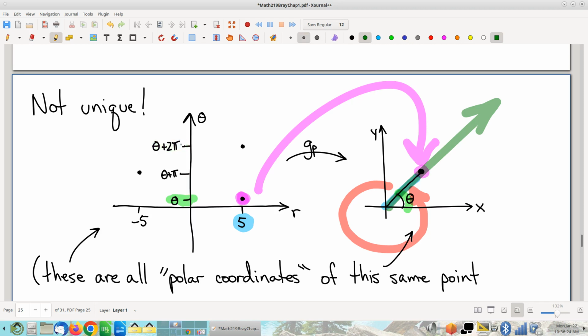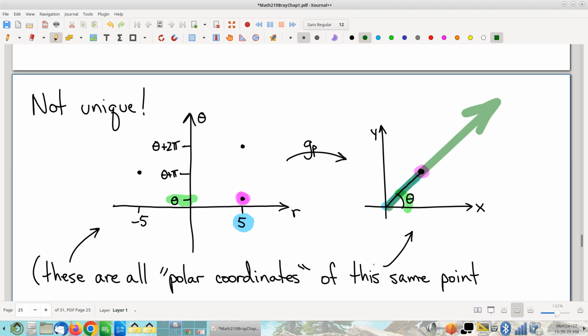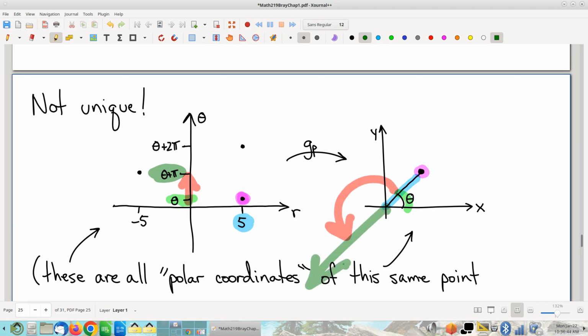Here's a different observation that we can make. If instead of adding 2 pi, what if I add 1 pi and look at this direction? 1 pi means I'm going to do a half turn, and a half turn then will have me going in exactly the wrong direction. And now again, let's think through geometrically. If you're going in exactly the wrong direction, you can just go in that wrong direction backwards, and it gets you to the same point.